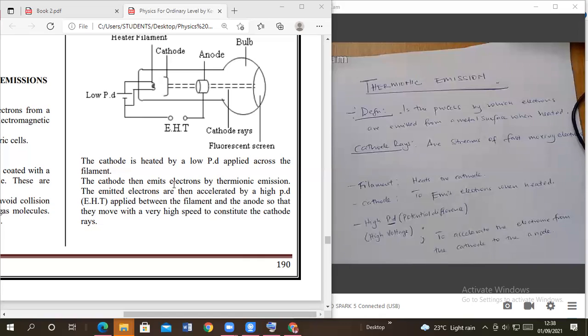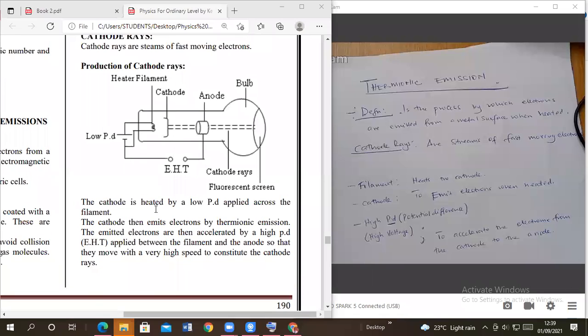The cathode then emits electrons by thermionic emission. Then the high PD or high voltage between the filament and the anode accelerates the electrons from the cathode to the anode. That's how a cathode ray tube works.